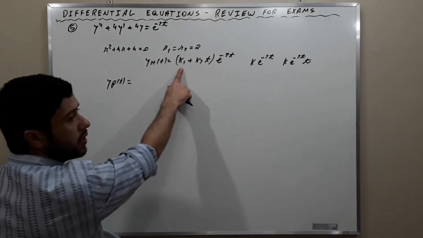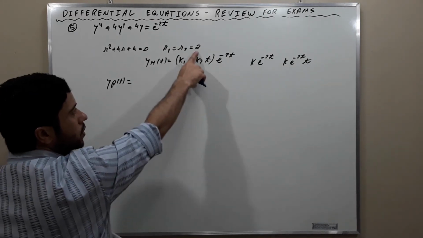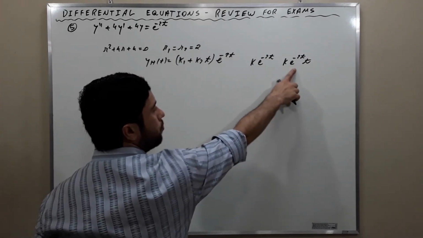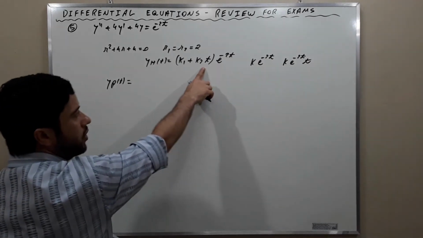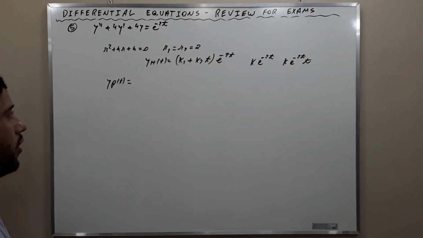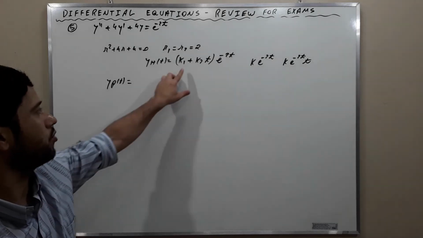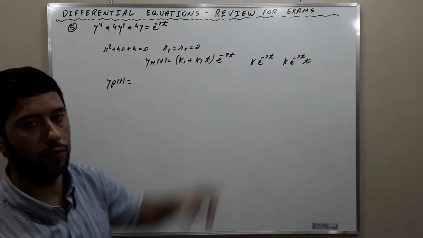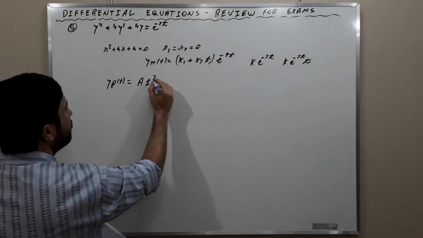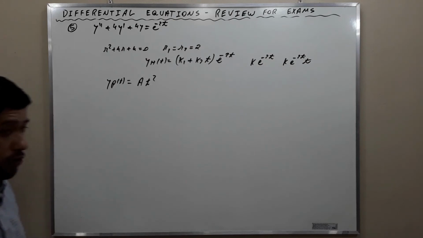Okay, but we already have two roots here that are equal, and I needed to multiply one by t to make it distinguishable from the first. And this is what we are going to do to distinguish the particular solution from the terms of the homogeneous solution: we are going to use a constant times t squared, okay? We always do this.